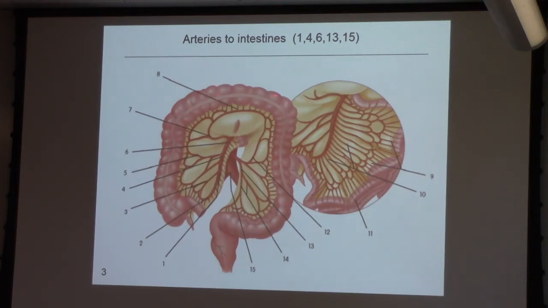Transverse colon, transversing from the right to the left. Ascending colon. Okay, ascending colon here, this part here has a different name, so we'll say starting around here is the ascending colon, from say, let's say here to here, ascending colon.